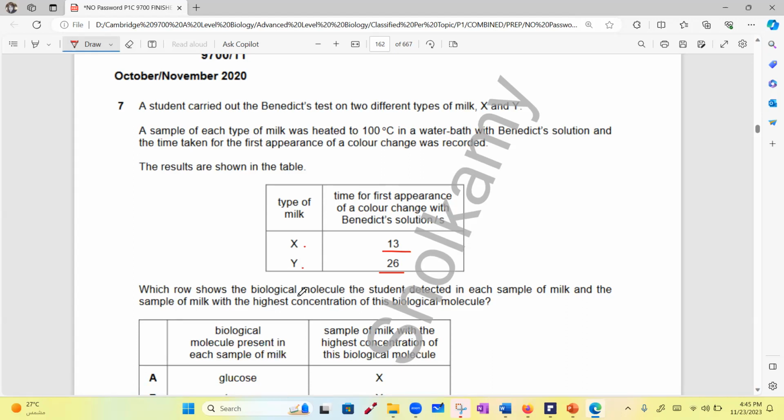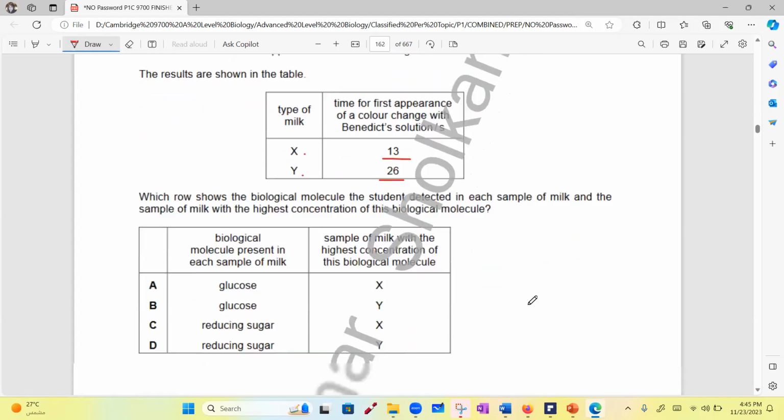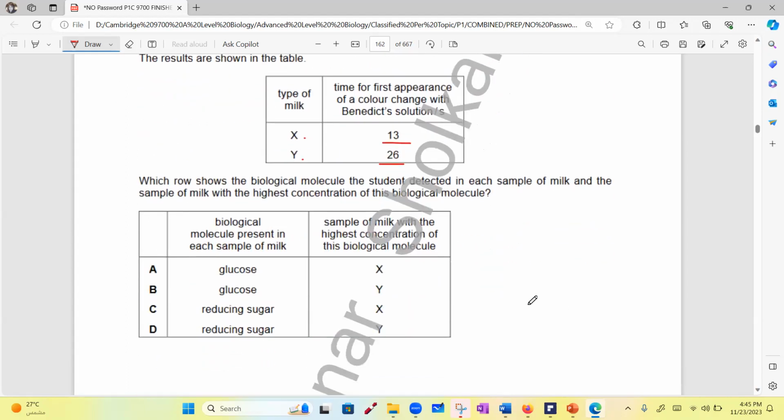Which row shows the biological molecule the student detected in each sample of milk and the sample of milk with the highest concentration of this biological molecule? Okay, this is too easy. What are we detecting?